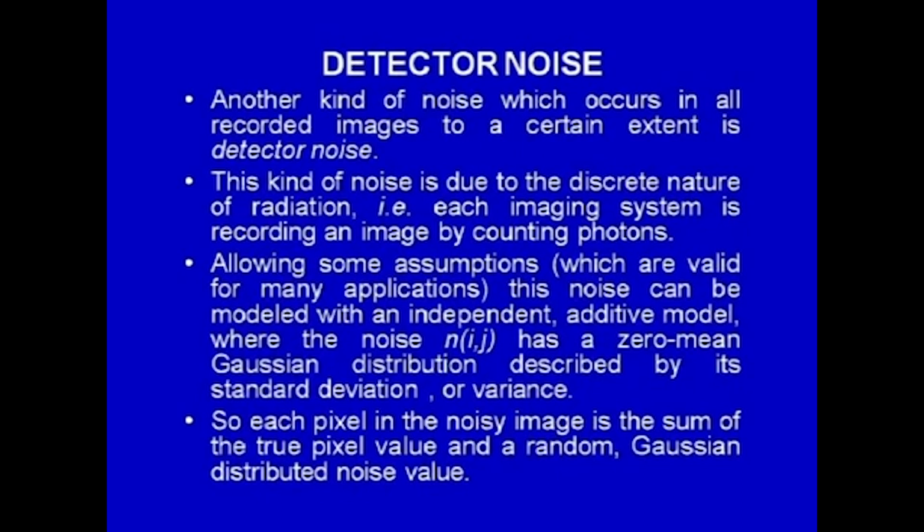This noise can be modeled with an independent additive model, where the noise n(i,j) has a zero mean Gaussian distribution described by its standard deviation or variance. So, each pixel in the noisy image is the sum of the true pixel value plus a random, that is Gaussian distributed noise value.